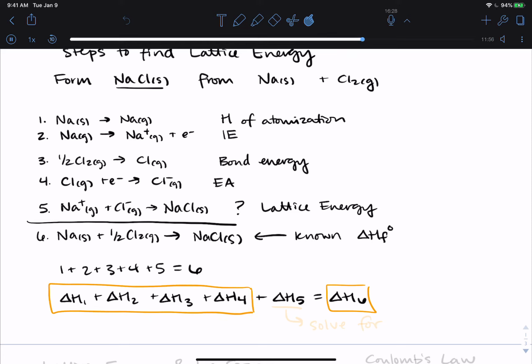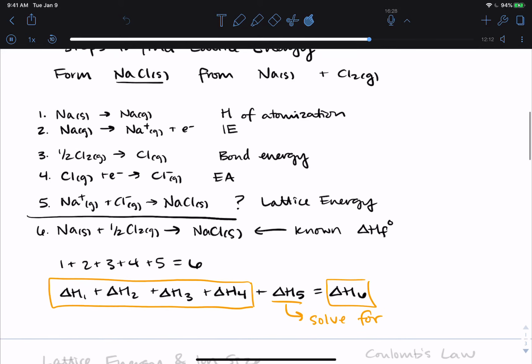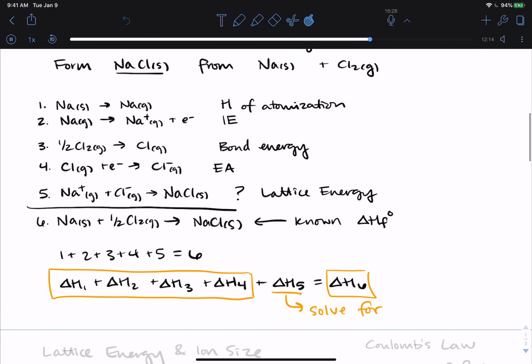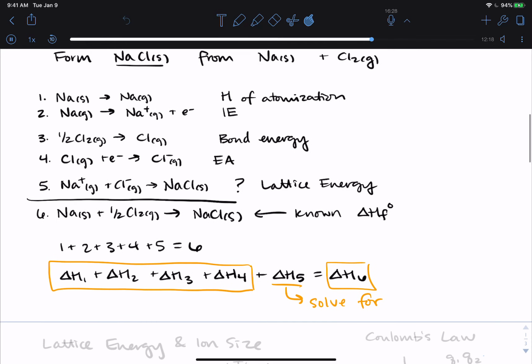Those are numerical values that we can plug in, and we can solve for the lattice energy value. So we use the Born-Haber cycle to get a numerical value for the lattice energy that helps us explain why the formation of these ionic compounds is so exothermic.